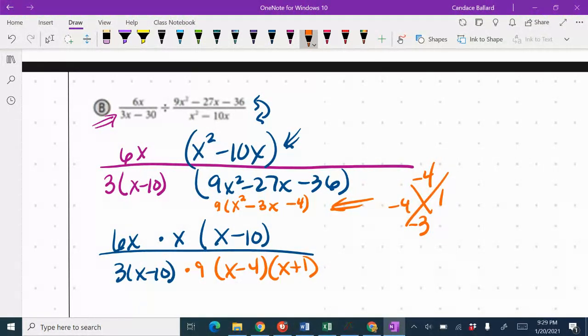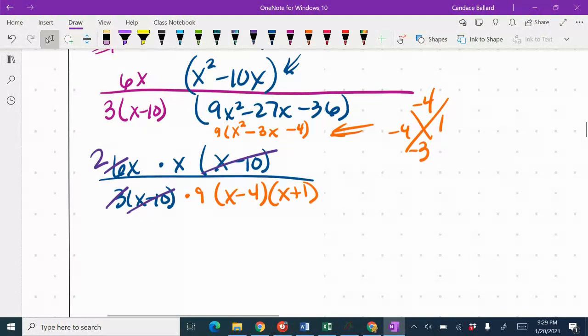All right, the fun part, we get to cross stuff out. So I am going to get to cross out x minus 10. Ooh, I could do a little bit more, right? 3 into 6 is 2 times. But unfortunately, that's it. This one wasn't as satisfying as some of the others. So I look at what's left in my numerator.